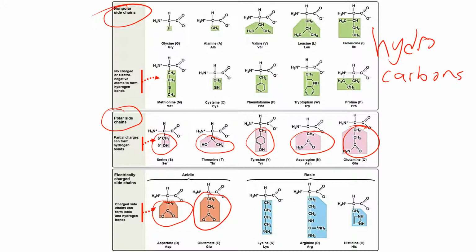And then your basic amino acids are going to have a positively charged R group, like lysine, arginine, and histidine. Understanding that amino acids are either nonpolar, polar, or charged tells you a lot about how those particular amino acids behave and interact in a protein molecule.